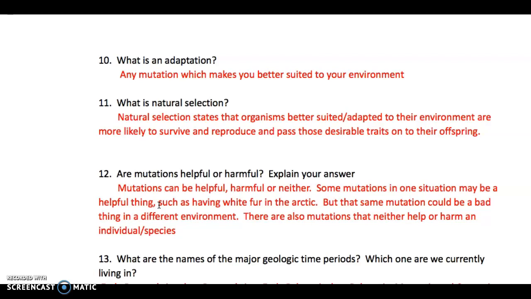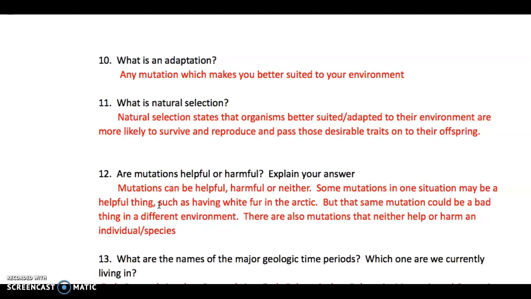So the definition for natural selection is organisms better suited or better adapted to their environment are more likely to survive and reproduce and pass those desirable traits on to their offspring. In the case of the whale, we talked about whales that had longer tails or lost their hind legs were better swimmers, and so they were more successful to life in the water. And so those whales that had that mutation survived and had babies, and their babies had those same positive characteristics.